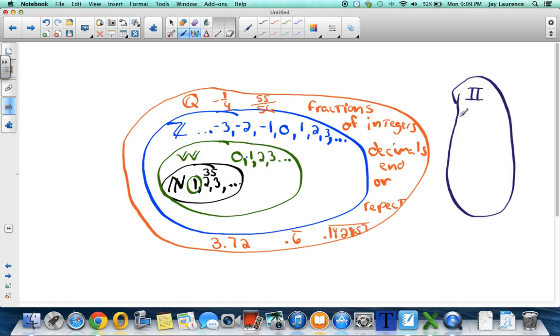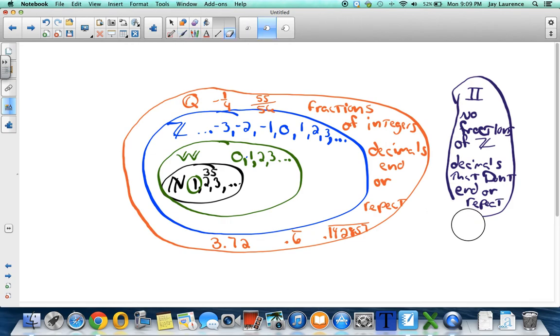See, rational numbers have fractions of integers, irrational numbers have no fractions of integers, and they only include decimals that don't end or repeat. Okay, the most famous example again is pi.